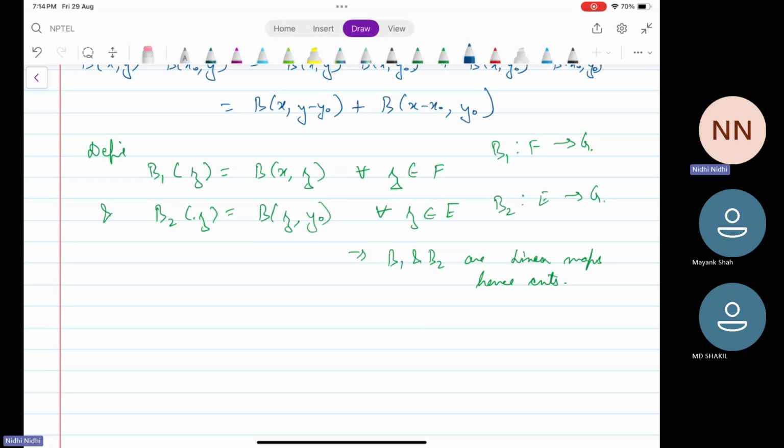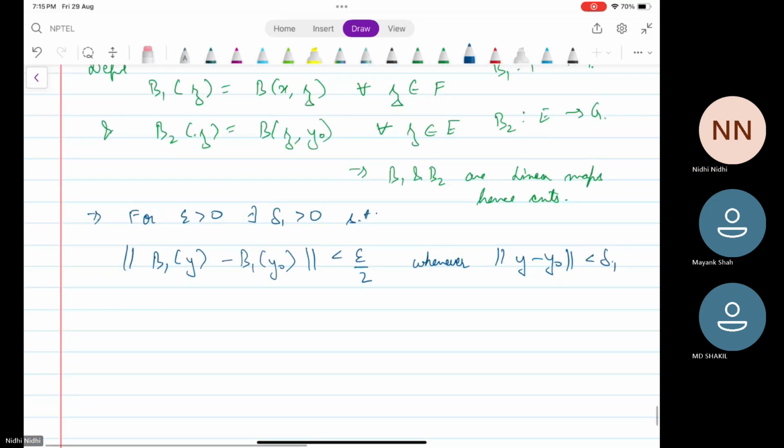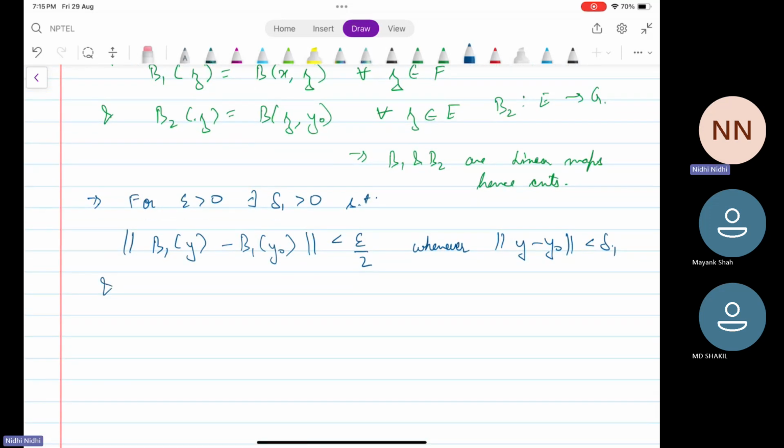So this implies for any epsilon positive, we can find delta 1 positive such that the norm of b1(y) minus b1(y naught) is less than epsilon by 2 whenever norm y minus y naught is less than delta 1.